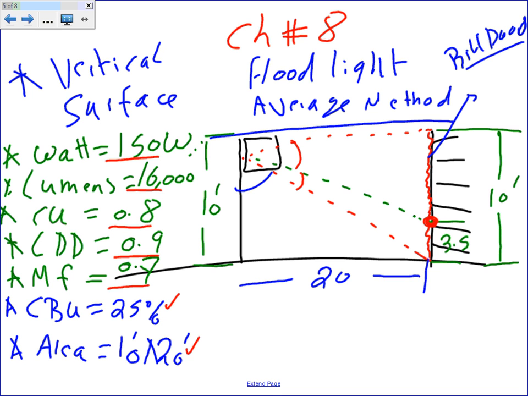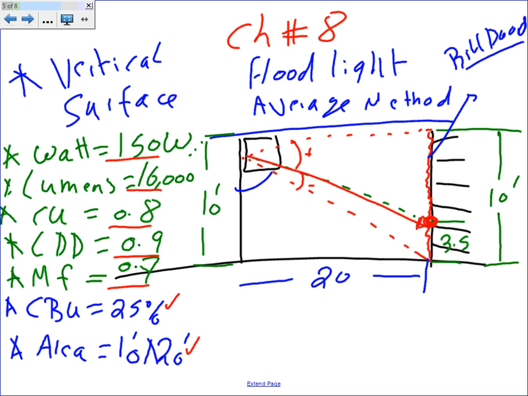They have a way of calculating the coefficient of beam utilization based on where you point the beam out of that fixture. I'm going to spare you calculating the beam utilization here, so I'm giving it to you as 25%.